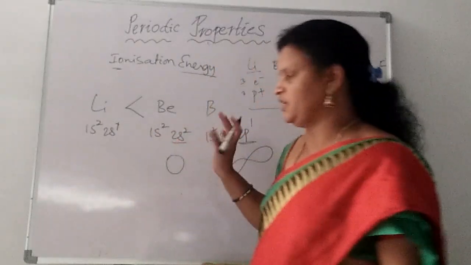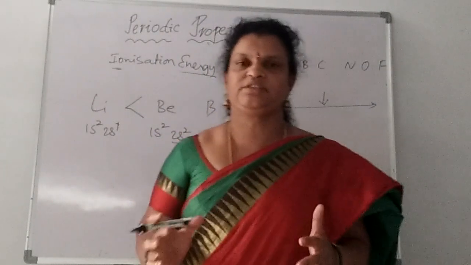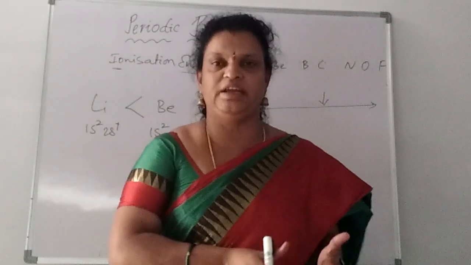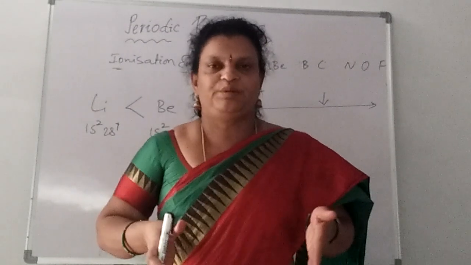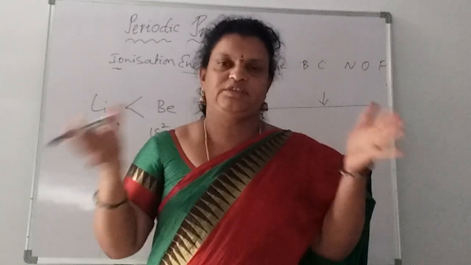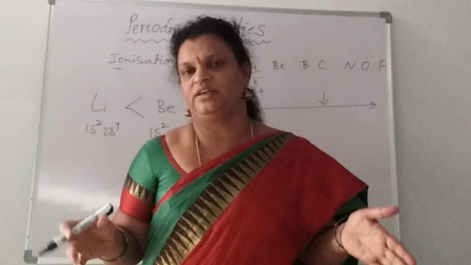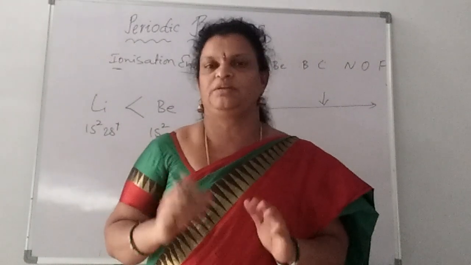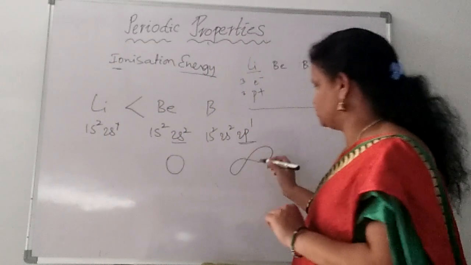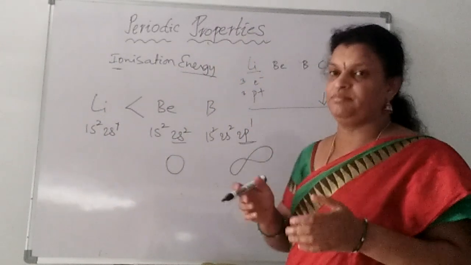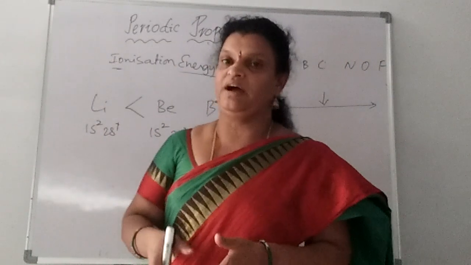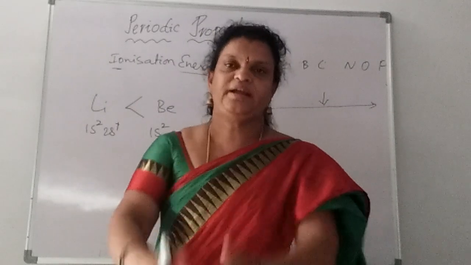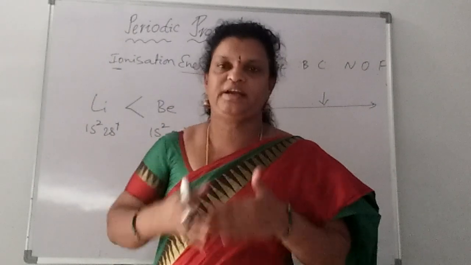To understand this clearly, take two persons, one very fat and one very lean. If they want to enter a crowded market, the lean person can go very easily, but the fat person cannot go that easily. Like that, with the dumbbell shape, the electron in the p orbital cannot penetrate towards the nucleus.